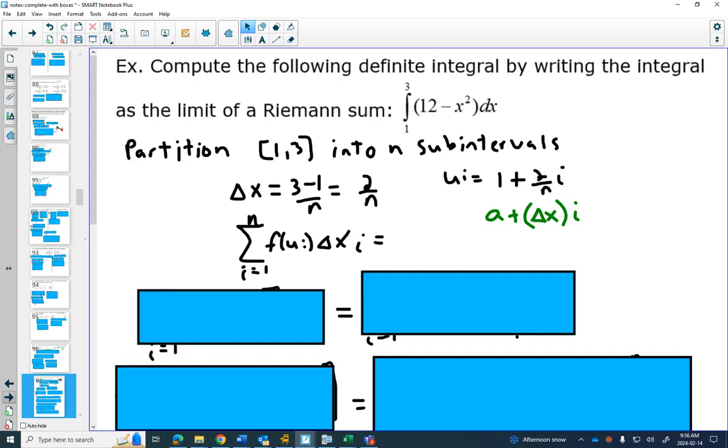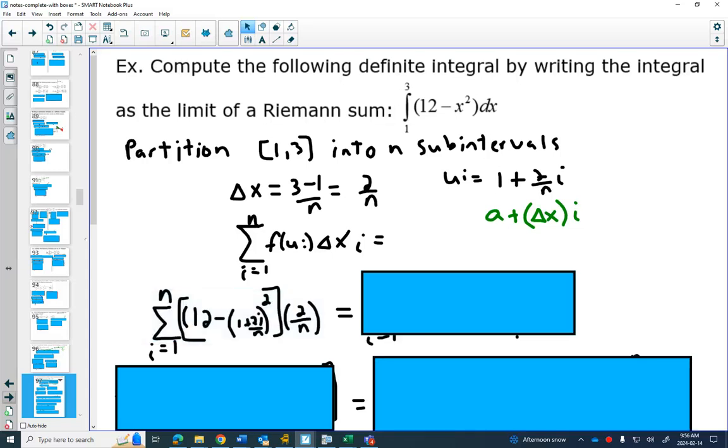So we can write this with the f(ui) notation. Sum of f(ui) times change of x. And since the change of x is the same every time, you don't really need that i there, but you could have it. So we plug in our ui into our function.